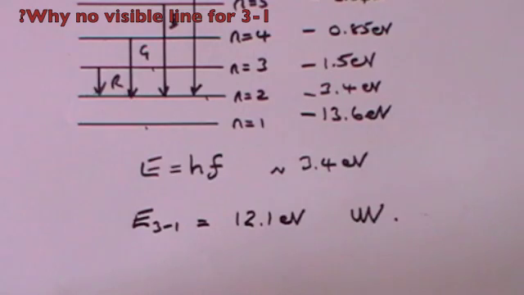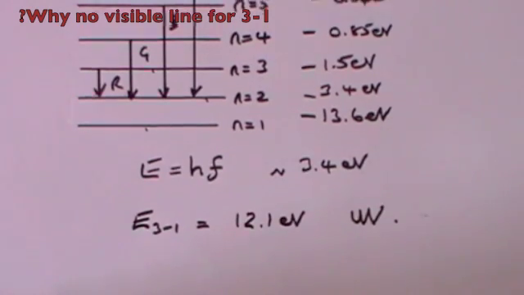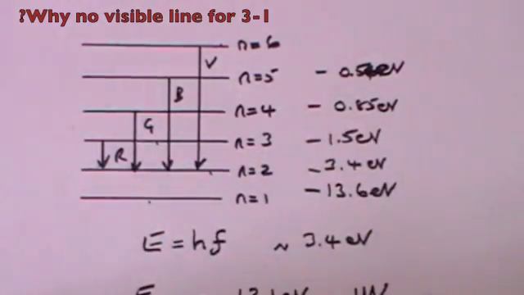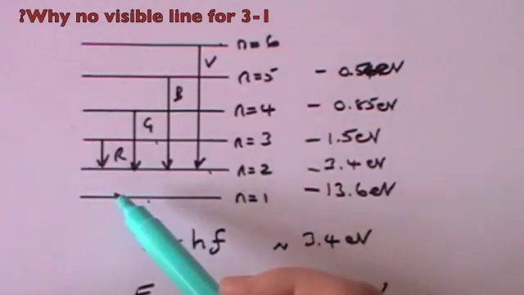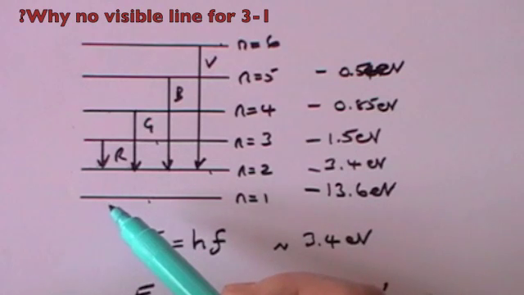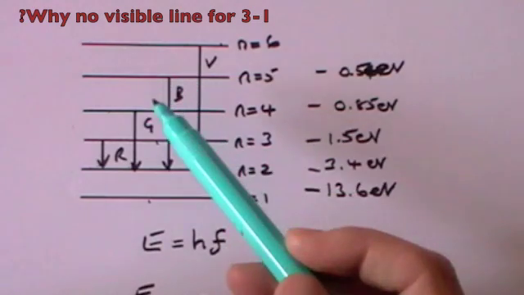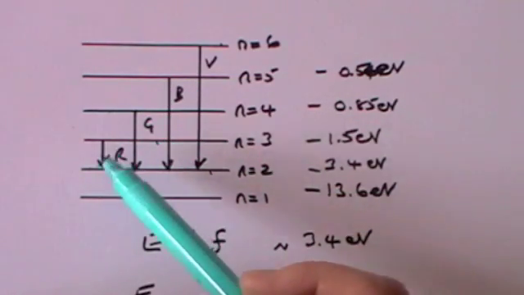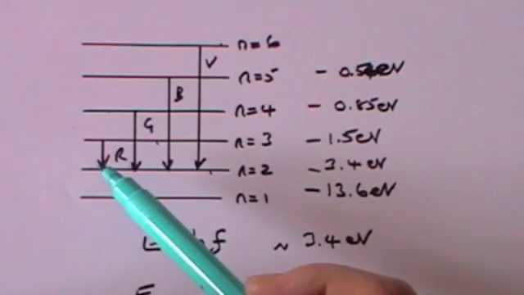So the visible spectrum for hydrogen consists of only those 4 lines. Any lines that fall down to n equals 1 will be in the ultraviolet region, and any lines that fall to n equals 3 will be of a smaller energy than the red line, and that means they would go into the infrared, which again you cannot see with a visible camera.